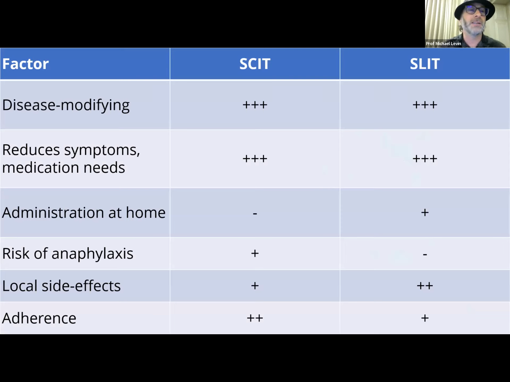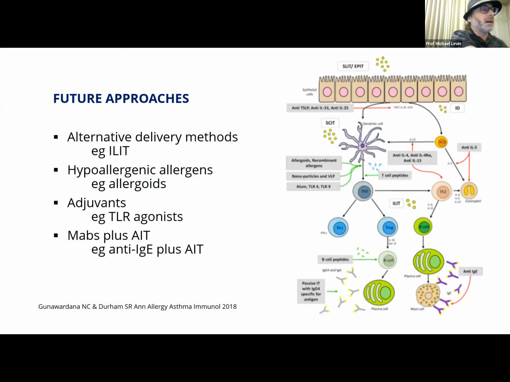They have equal effect on symptoms and medication, but sublingual immunotherapy can be done at home, whereas subcutaneous cannot. On the other hand, sublingual immunotherapy is much safer and is easier for adherence. And there are some even more rare and technical future approaches for immunotherapy that are in process of being investigated in various different settings.